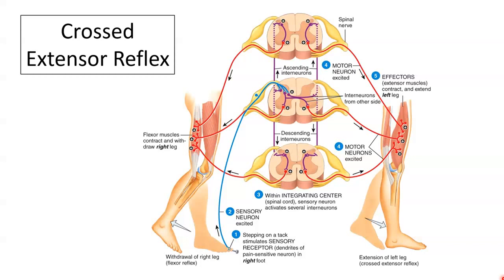A polysynaptic reflex because it involves many neurons and synapses with all the flexing and the extending of muscles. And also a spinal reflex because the integrating centre would sit in the spinal cord. We lastly also call it a somatic reflex because it involves skeletal muscle, which we usually voluntarily control, and not a visceral organ over which we have no control.